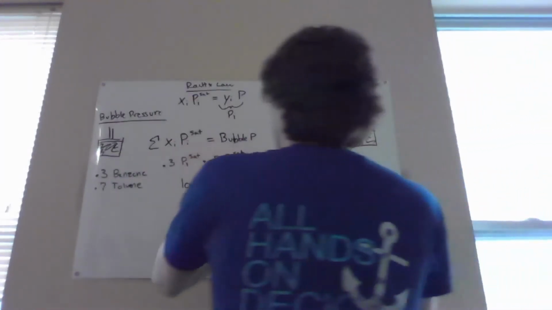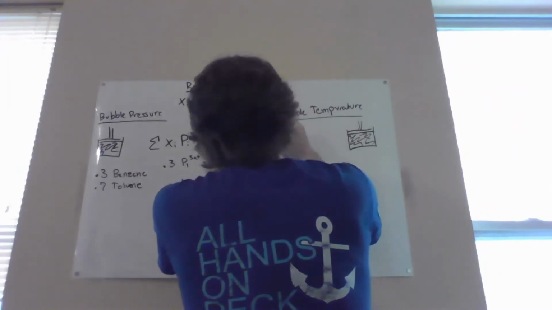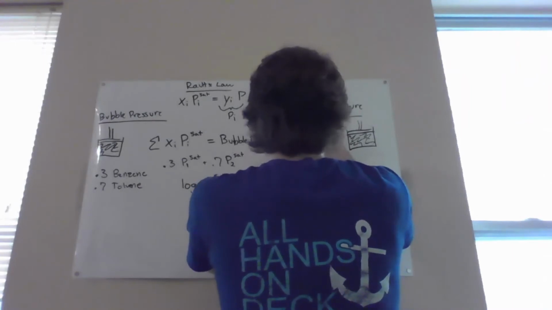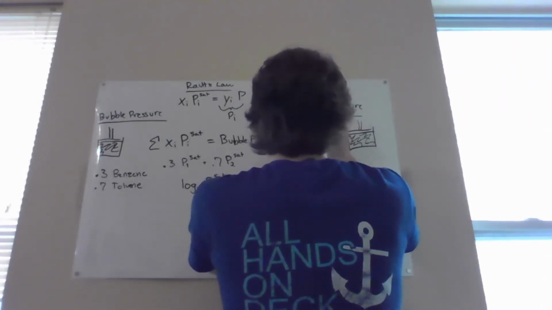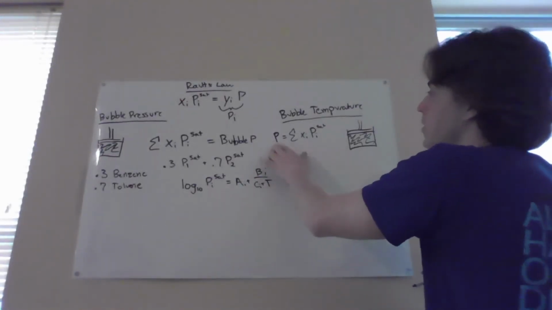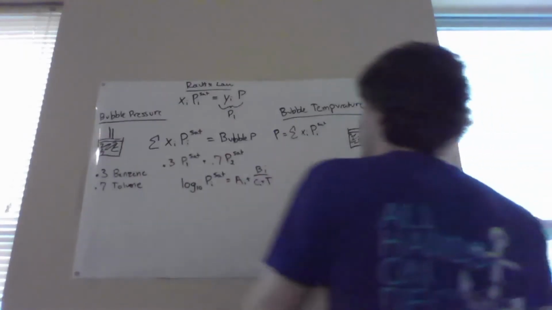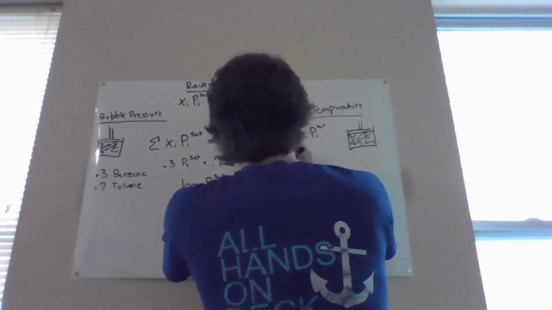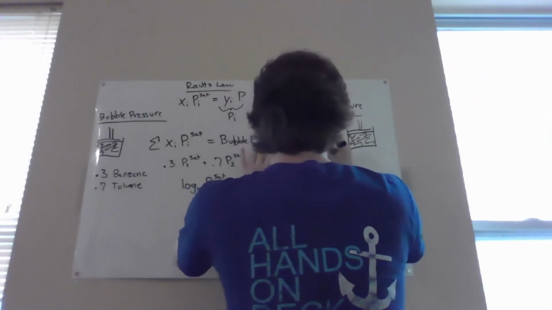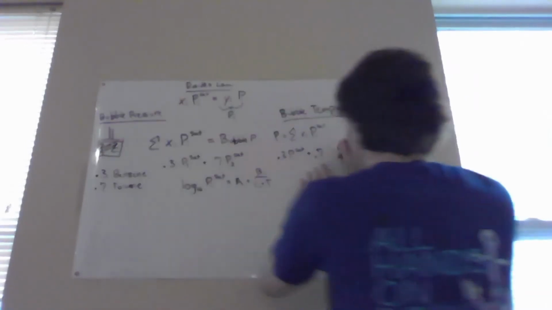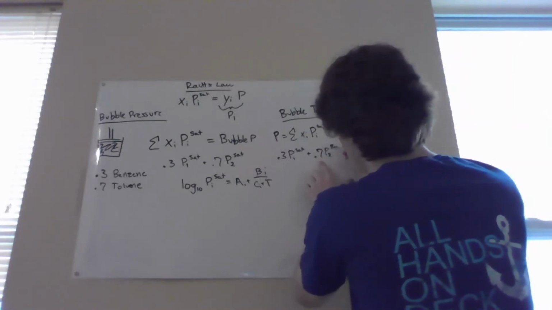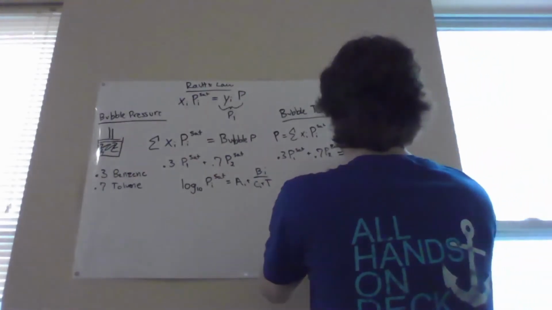And so again, we'll have that the total pressure will be equal to the sum of the vapor pressures. And in this case, we know our pressure, so we're not solving for this, but we need to solve for the temperature. So again, we'll have the mole fraction of benzene times its saturation vapor pressure plus the mole fraction of toluene times the pure component saturation vapor pressure of toluene, and that will be equal to our pressure.